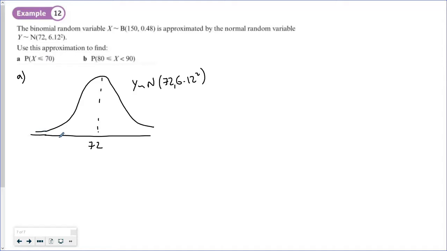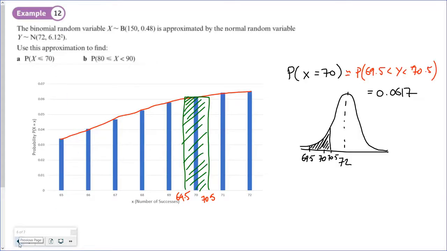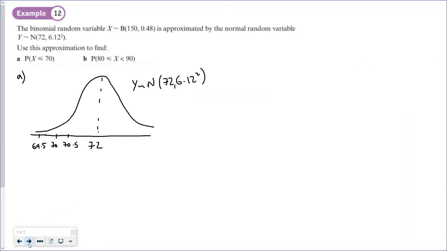So I'm going to put 70 on my diagram, and I'm going to go above by 0.5, and I'm going to go below by 0.5. Now we want x being less than or equal to 70. So that would mean basically we want to work out everything to the left and including this green bar that we did here.